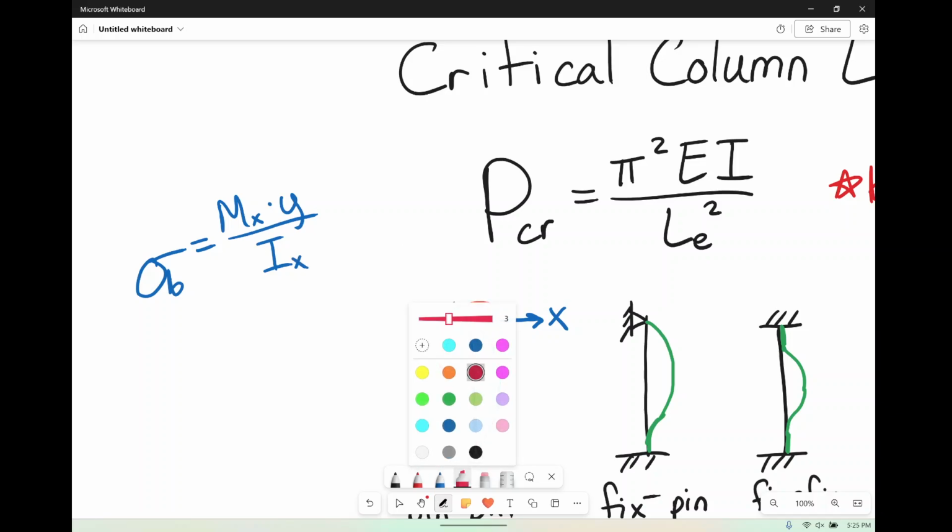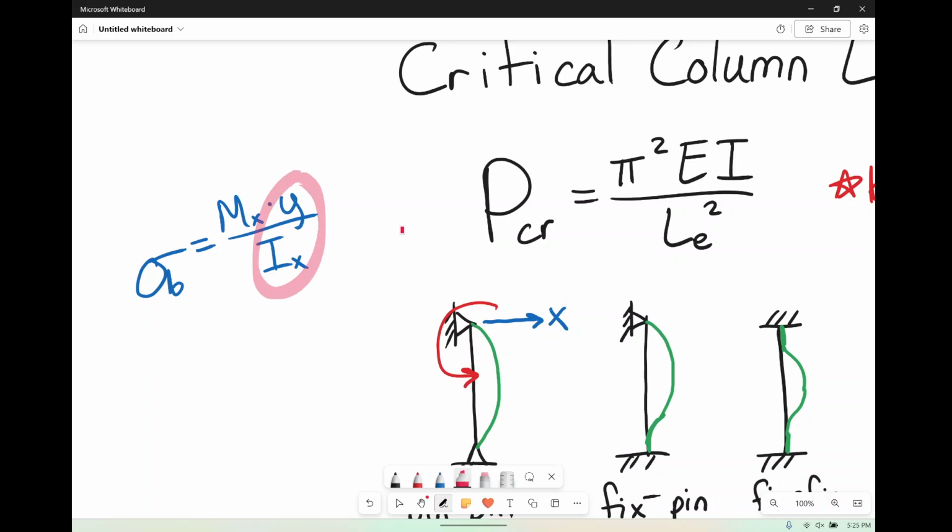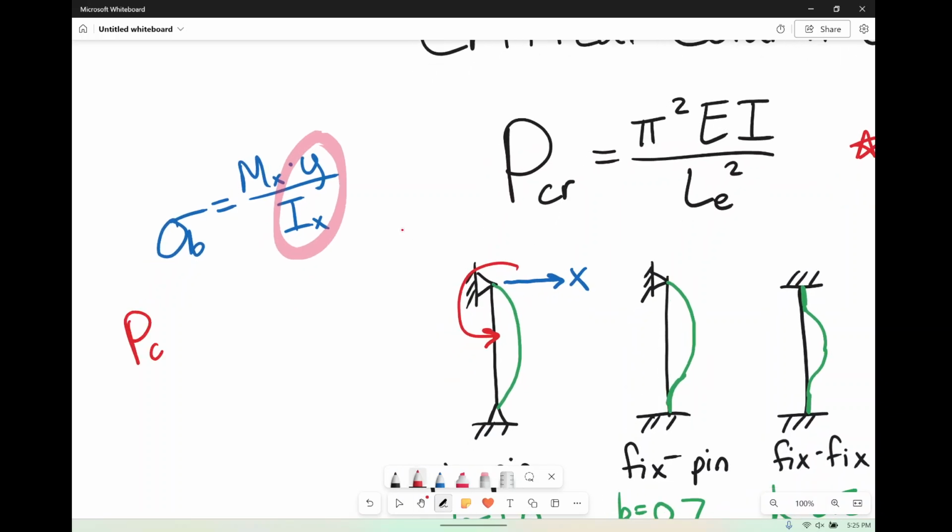So you see how those things were opposite each other? It's the same thing that's going on here. If we want to find P critical in the X direction, we're talking about how much it could possibly pop out in the X direction, then we're going to be doing two things. We're going to look at the X direction constraints.